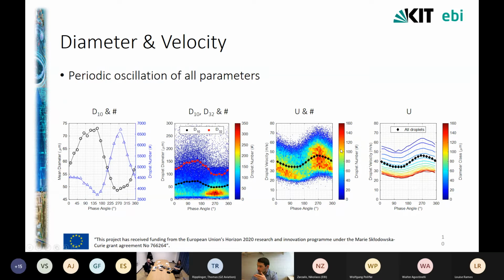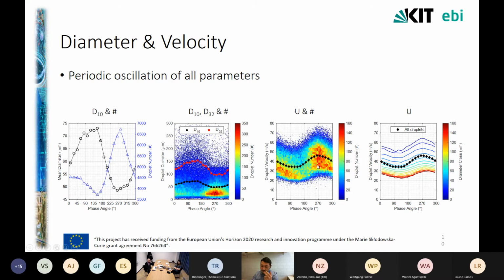And of course, the color denotes again the number density. You can see that, for example, this region is more red, like here. So we know that it was mostly small droplets that appeared in this peak of number, but these small droplets have a variation of velocities. They have a wide range of velocities.